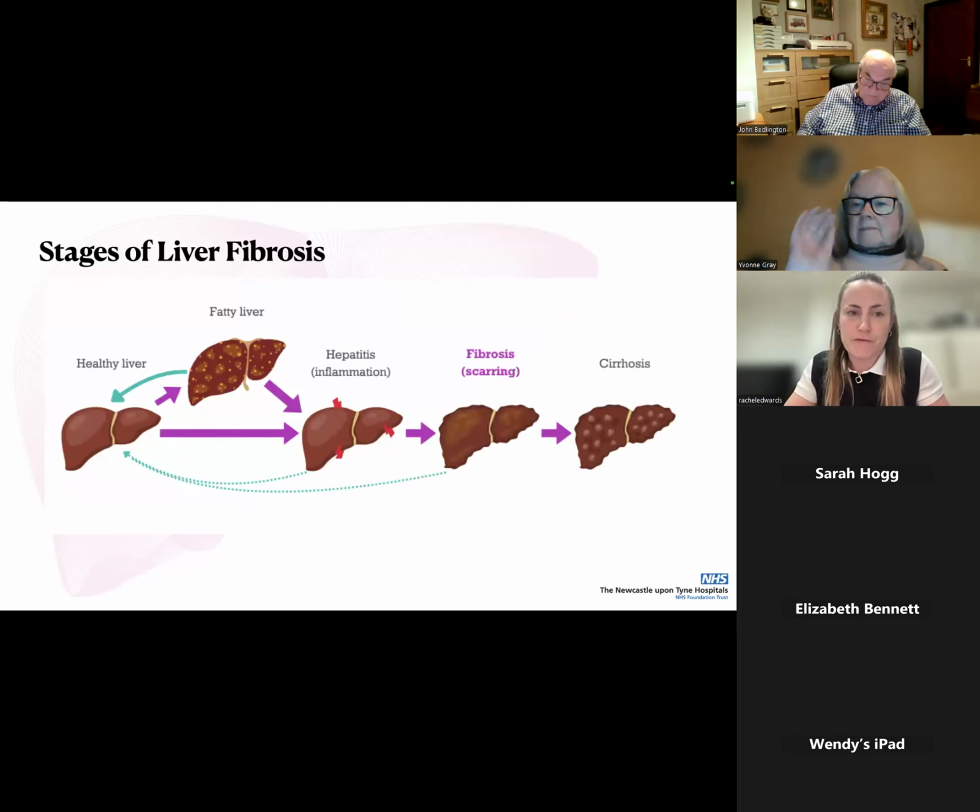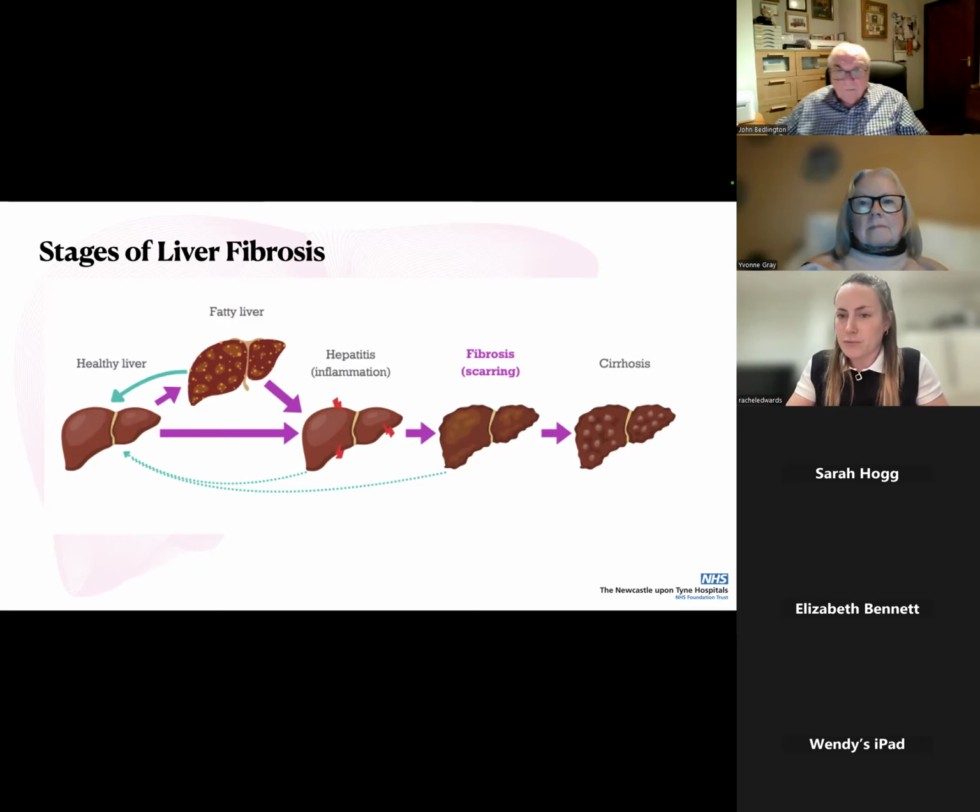So just a little bit of background, as you may or may not already be aware, there are several stages of liver fibrosis, and this diagram represents that spectrum where healthy liver becomes inflamed, often due to the accumulation of fatty tissue, which can be driven by multiple causes, including alcohol, among others. That leads to a hepatitis, describing inflammation.